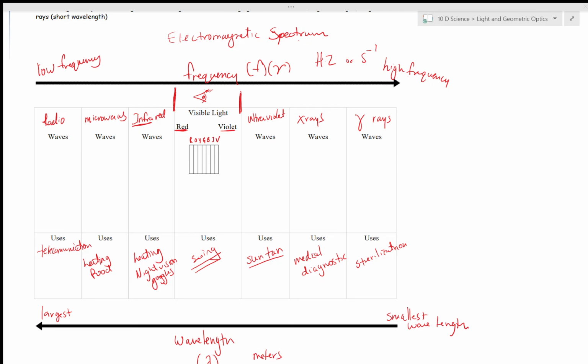Now, before we finish that, I do want to touch base on a very special line here. I'm going to separate out our electromagnetic spectrum into these components, and I'm going to quickly erase this little line here. There we go. Everything from radio waves all the way up to violet, we call non-ionizing radiation.